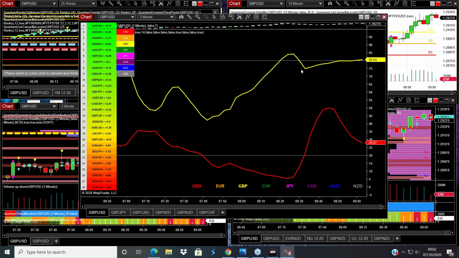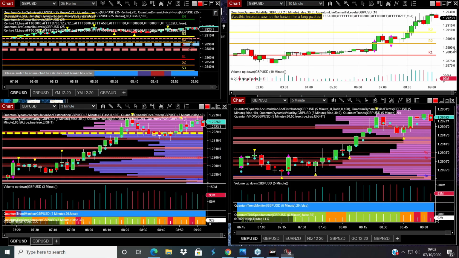It didn't really shift what was happening in cable, and that's what the CSI will also do for you. Also, if this is moving sideways now, we could actually move into another congestion phase before we have a firm direction one way or another.